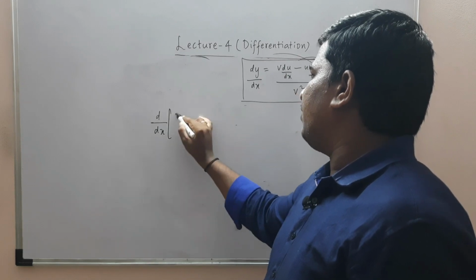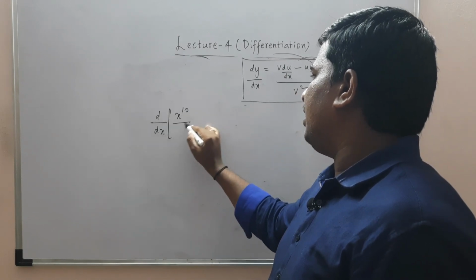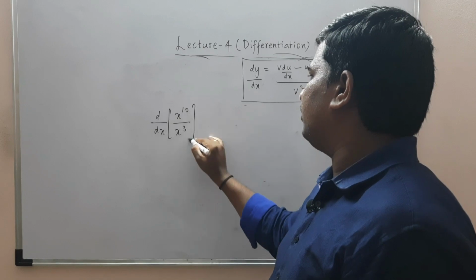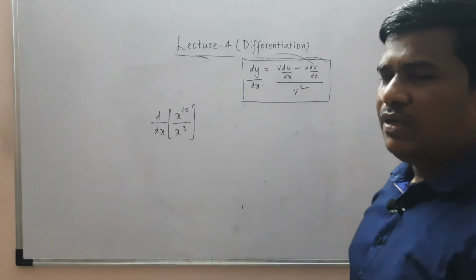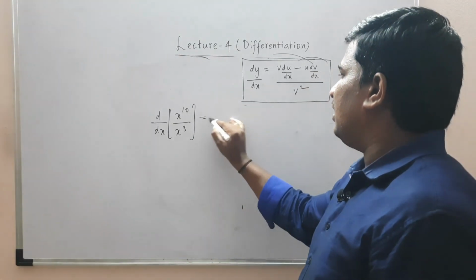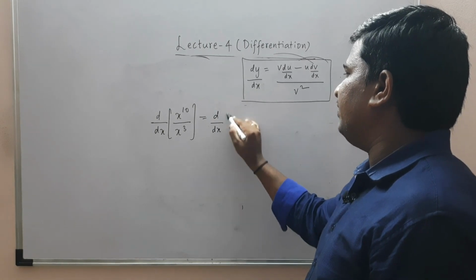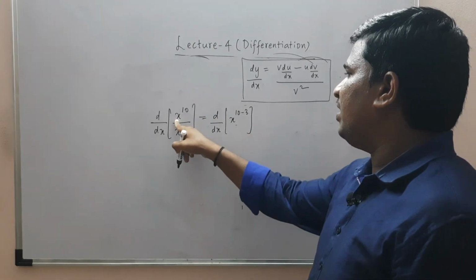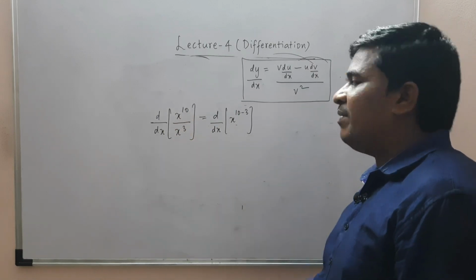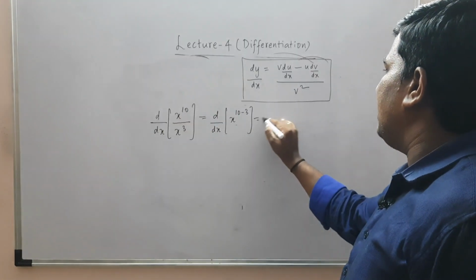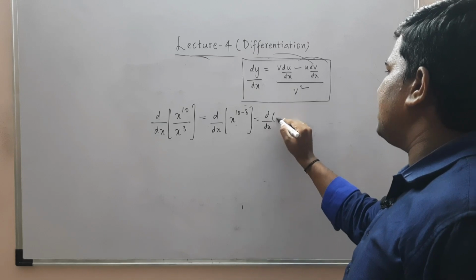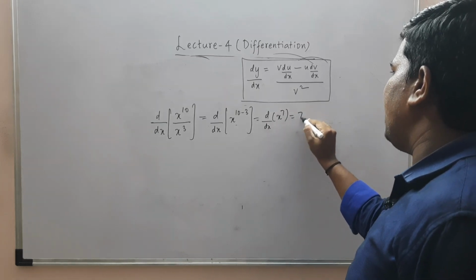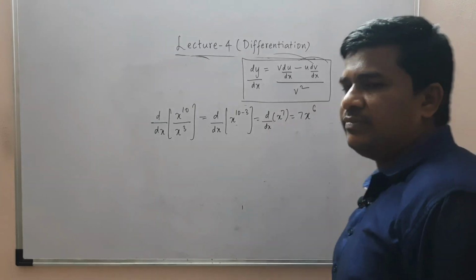So d by dx of x power 10 by x power 3, if you have. So what do you do, sir? We write d by dx of x power 10 minus 3, because it is in the form of a power m by a power n, so a power m minus n. So it is d by dx of x power 7, sir, for which you will write 7x power 6 as a derivative. Fine.